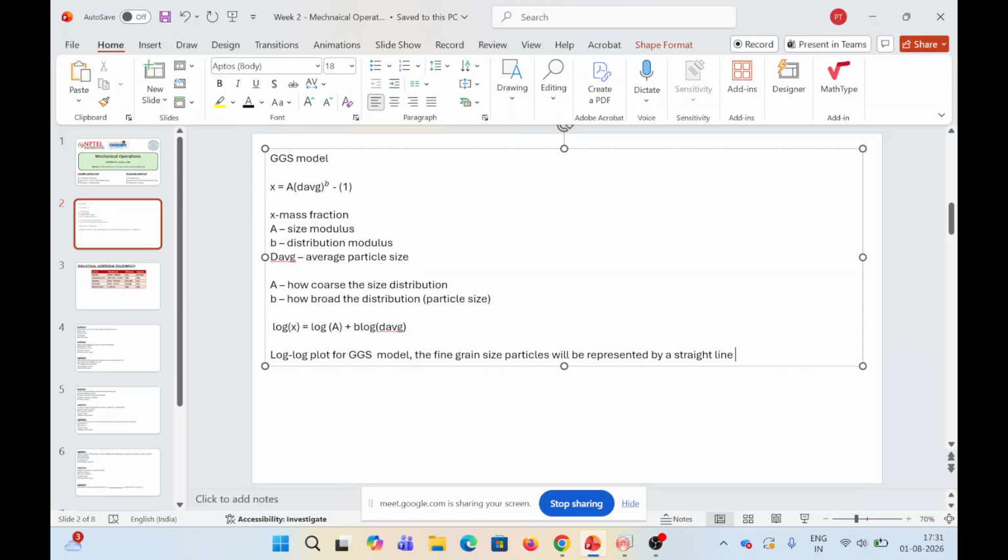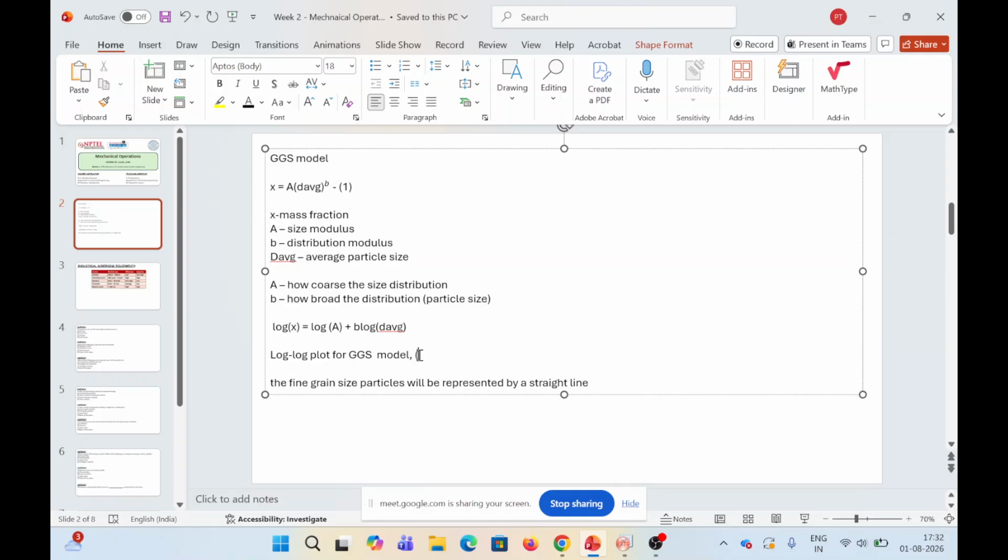Again, this log plot will be the plot between mass fraction, that's x, and the average particle size. In this log plot, you will see a straight line.